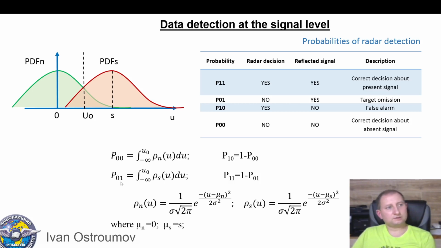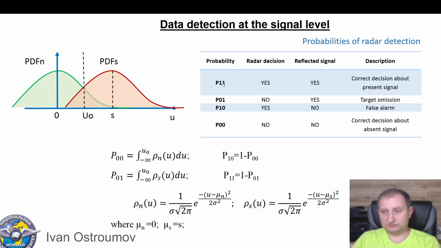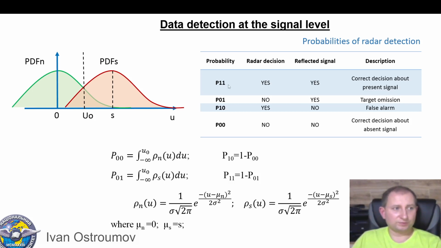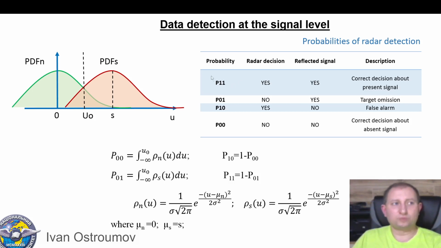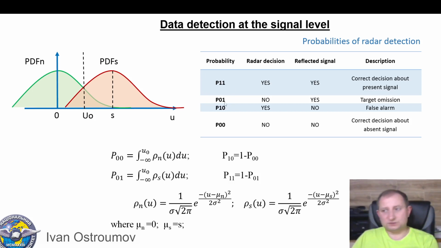And we've got one additional probability of correct detection in case we've got this signal. This probability forms a full group of events with the target omission error. That's why we can count it as 1 minus P01.